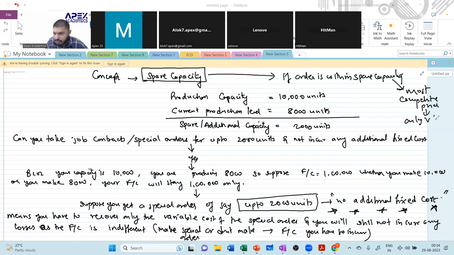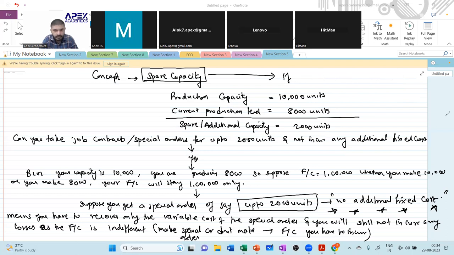Only variable cost. Do you understand this? You will recover only the variable cost.